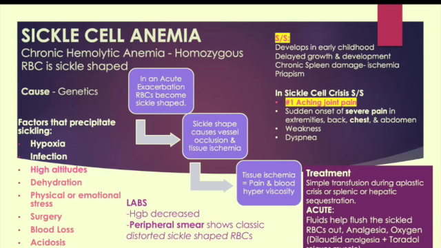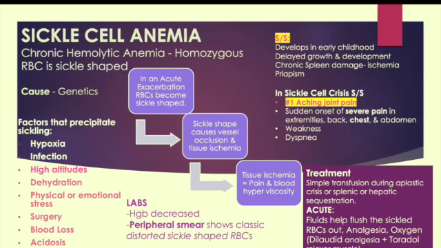In an acute exacerbation, the RBCs turn into a sickle shape, and when the shape changes, they get stuck in the blood vessels and cause an occlusion to whatever site is supposed to be fed by that vessel, causing tissue ischemia of that site.